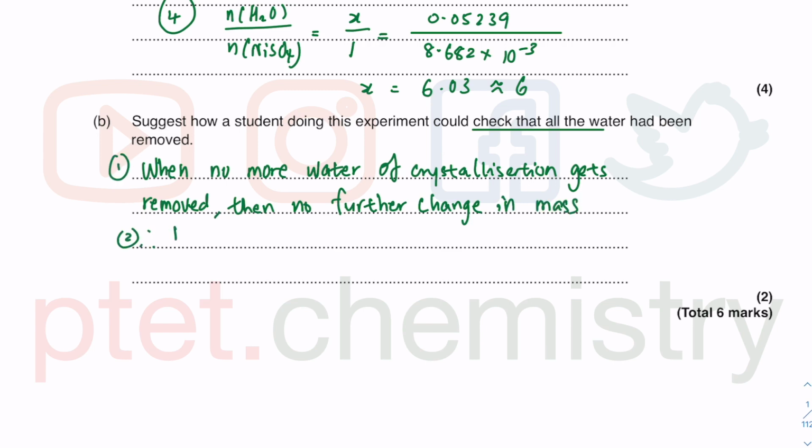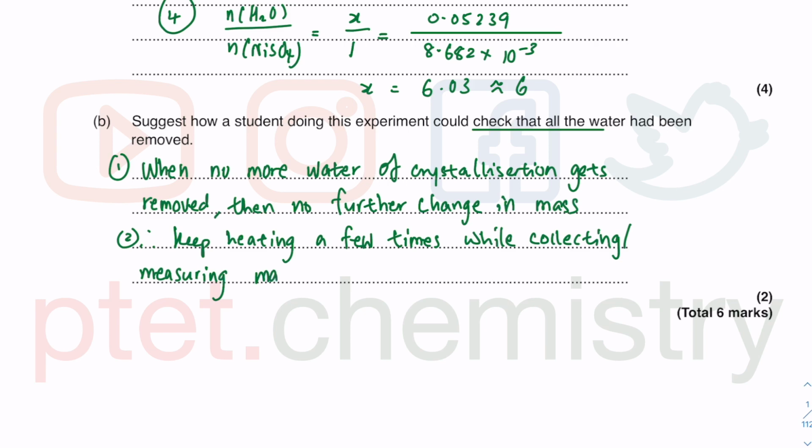Keep heating a few times while measuring the mass of the remaining solid, and we heat this in a crucible, obviously, to ensure heating to constant mass.